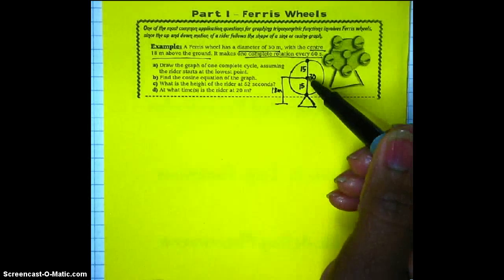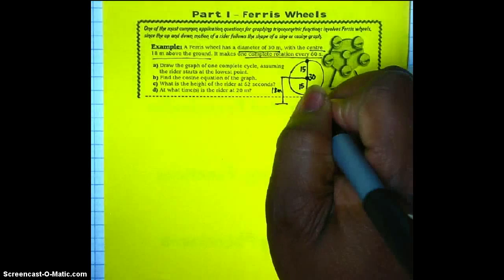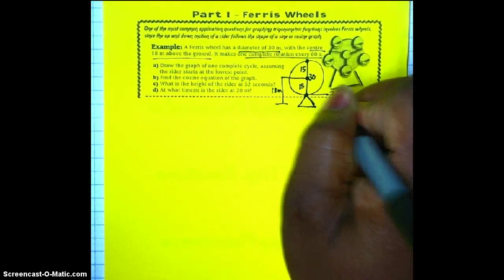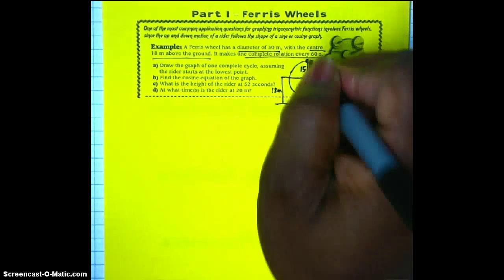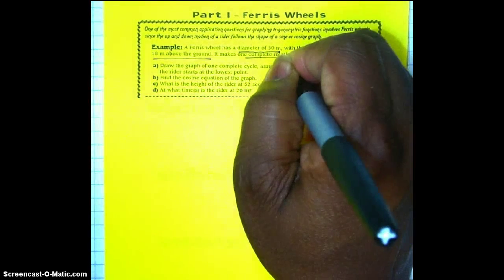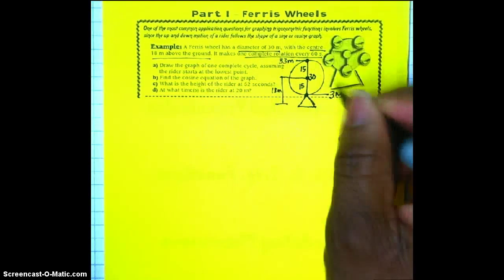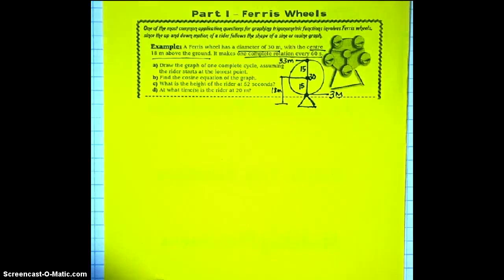Amplitude goes from middle to minimum as well as middle to maximum, which says that the minimum here at the bottom of the Ferris wheel is 3 meters, not 0 because the wheel isn't on the ground. And the maximum at the top of the Ferris wheel here is 33 meters. So that's 18, this height, plus 15 for 33, and 18 minus 15 to get this height of 3 meters.